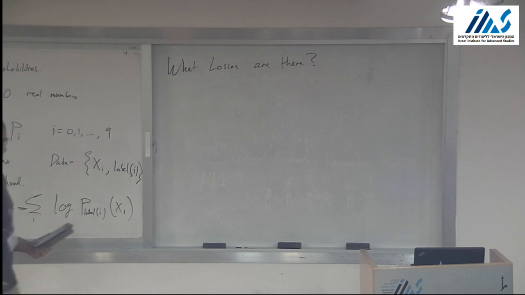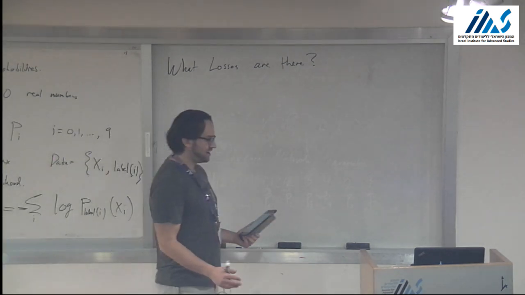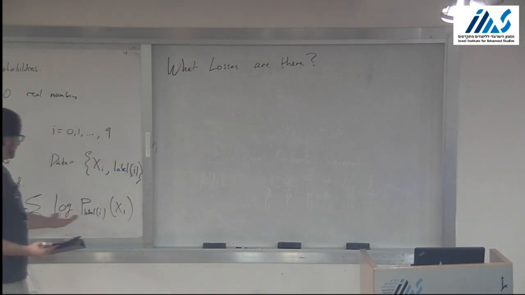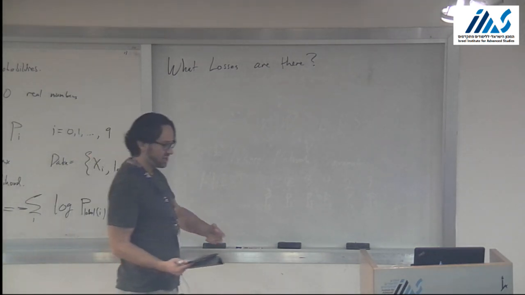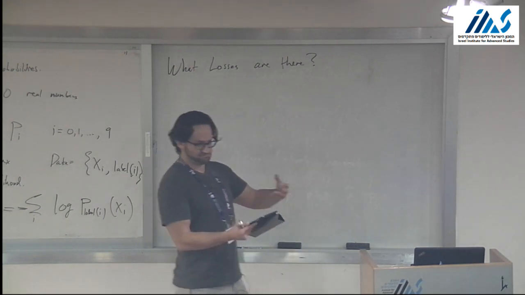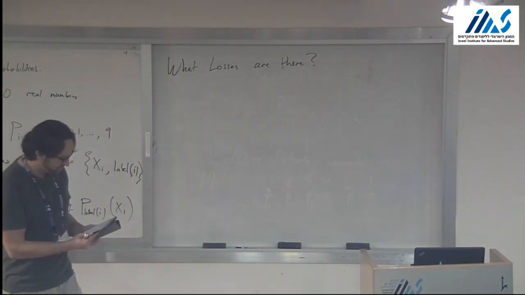Another thing you might want to do is generate an image. Well, what does it mean? I mean, this doesn't mean anything when you generate an image. When you're generating, say, images of fake faces, there are no labels associated with them. You're just making data up. So how do we think about this?